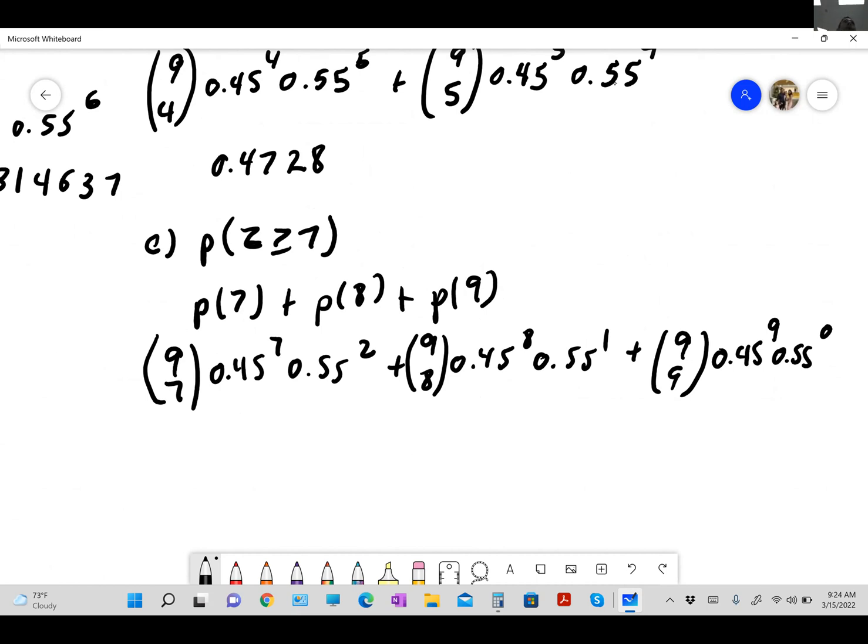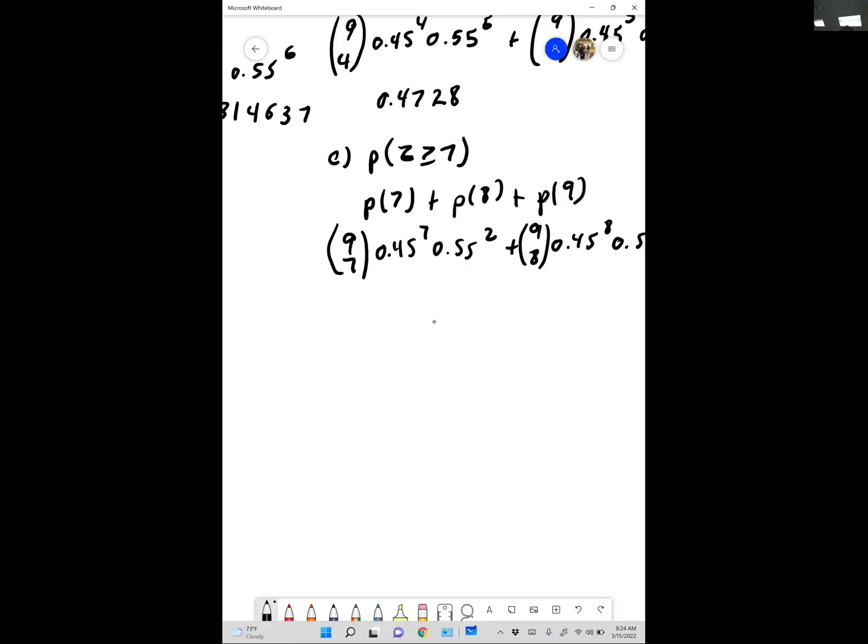I'm kind of confused on the second exponent. Is it always going to start with 2 and then decrease, or is it going to take 2, 1, 0? Well, it happens to be that way because what's 9 minus 7? Oh, is that how that works?